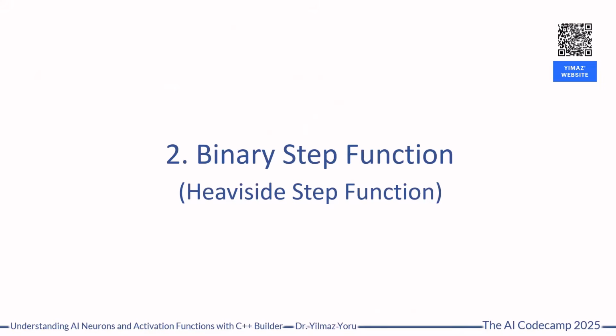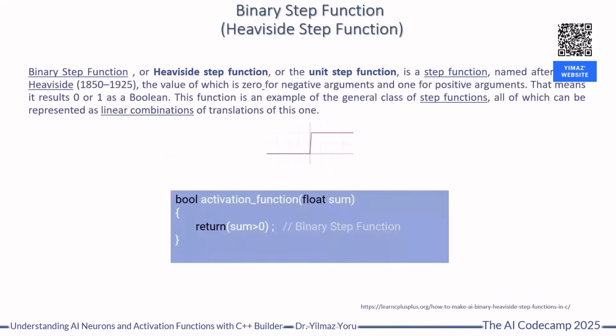The next function is the binary step function. The binary step function, or Heaviside step function, also called the unit step function, is a step function named after Oliver Heaviside, whose value is 0 for negative arguments and 1 for positive arguments. That means it results in 0 or 1 as a boolean.